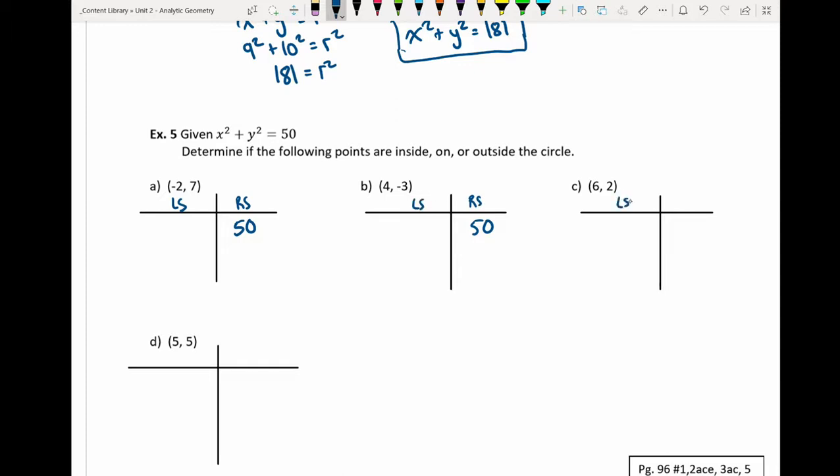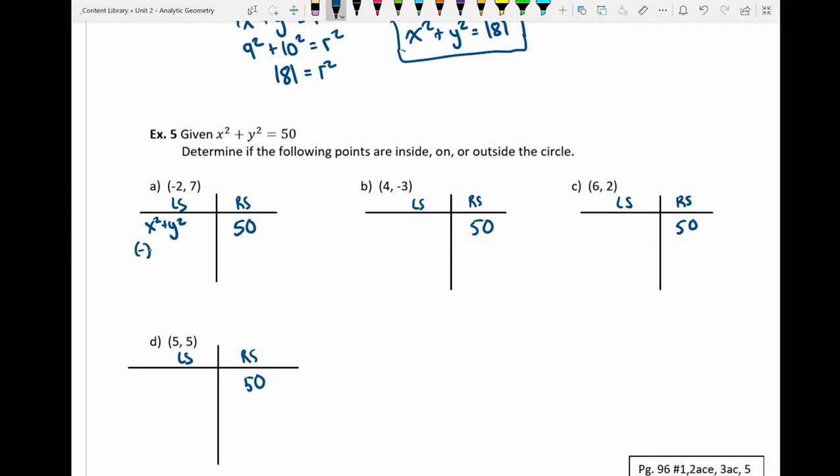So again, just jumping ahead, filling that out. The right side will always equal 50. My left side, I know, is going to be x squared plus y squared, and I'm going to fill in the points that I'm given. So in this case, -2 and 7.